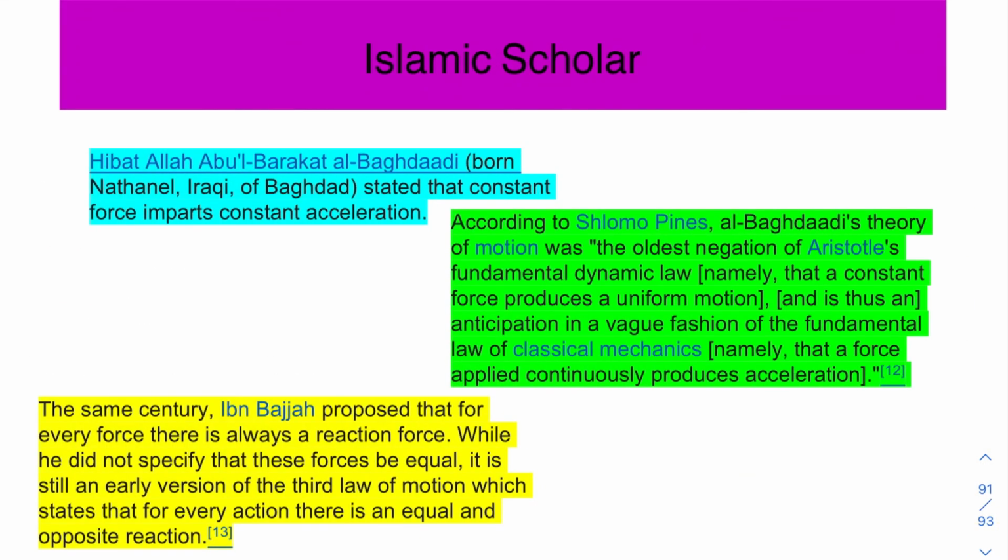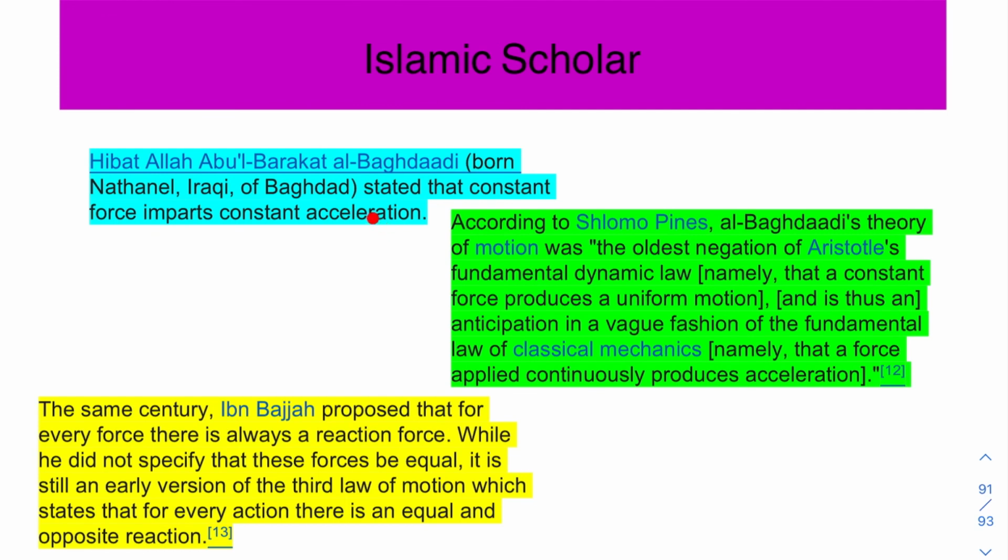Right? So Islamic scholars, we have lots of Islamic scholars actually besides the Western scientists. We have Hibat Allah Abu Barakat al-Baghdadi, born in Baghdad, Iraq, who stated that constant force imparts constant acceleration.